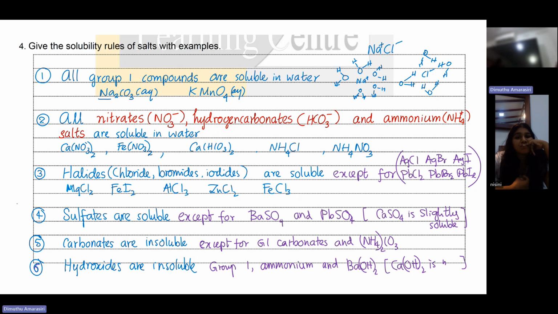Calcium sulfate is slightly soluble. Very good. Carbonates are insoluble except for group one compounds and ammonium. Hydroxides are insoluble except for group one and ammonium and barium hydroxide. Calcium hydroxide is also.